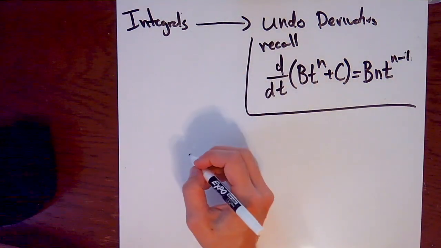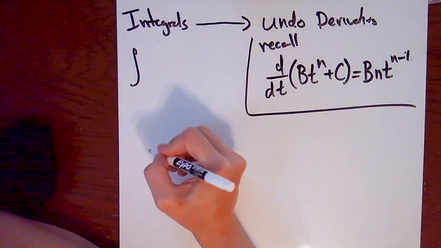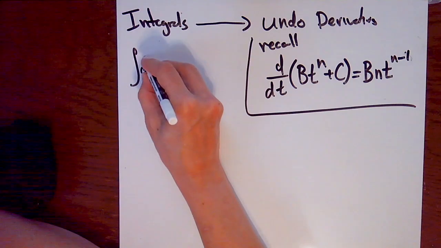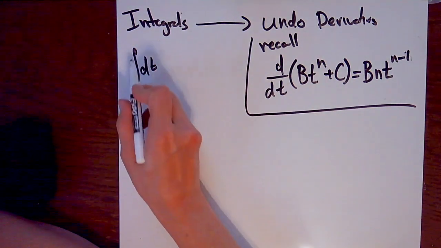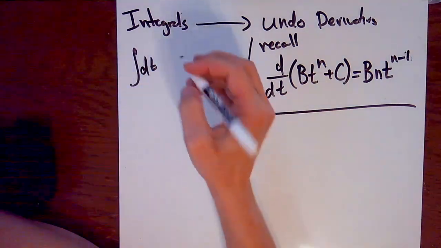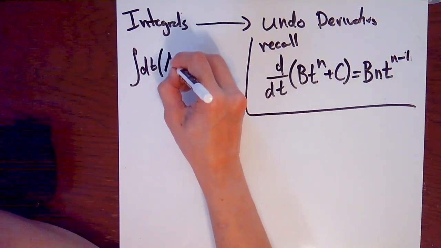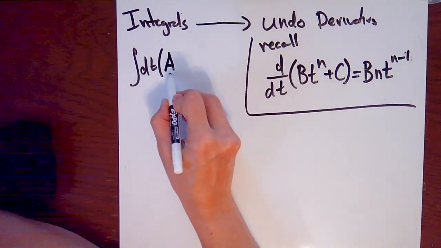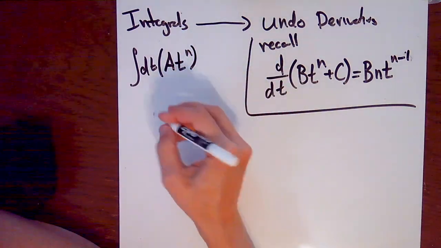If we want to take an integral, then we write it like this, sort of S-looking thing. That's because an integral is actually a type of sum. So we have this S, and we have dt to remind us with respect to t. And then we'll take it for the equation a, just a constant number, times t to the n.